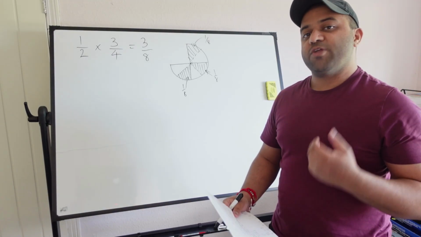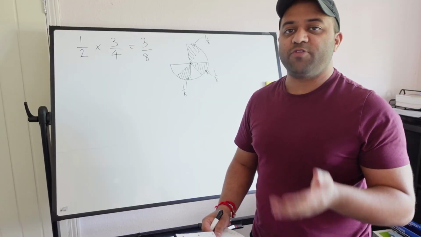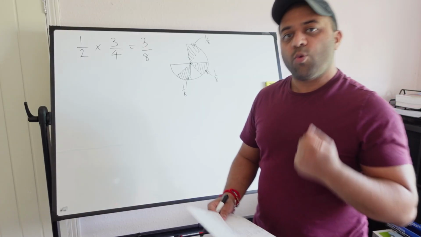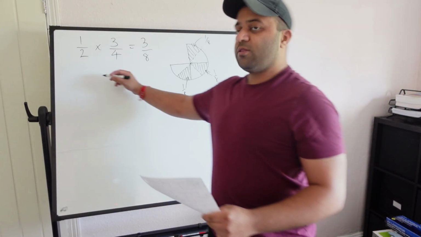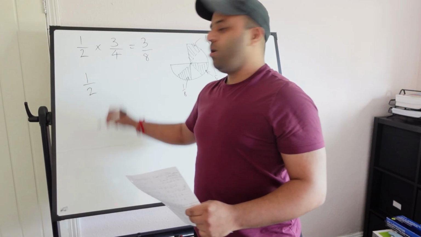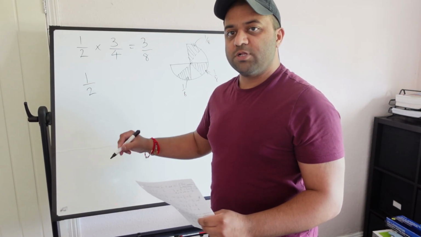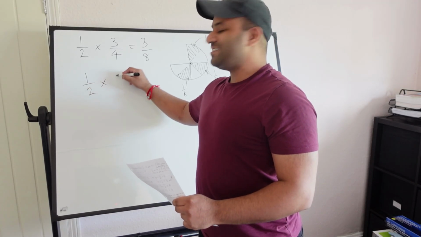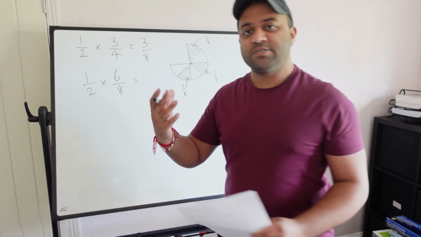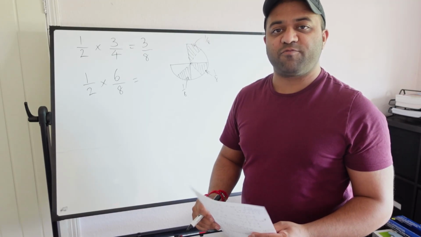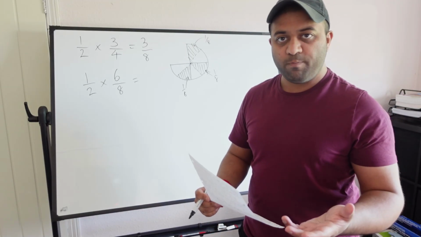Now, there is another way that we could work out the answer of 3/8. What if we were to use equivalent fractions? Well, we could write down 1/2 multiplied by 6/8, as 6/8 is an equivalent fraction to 3/4.